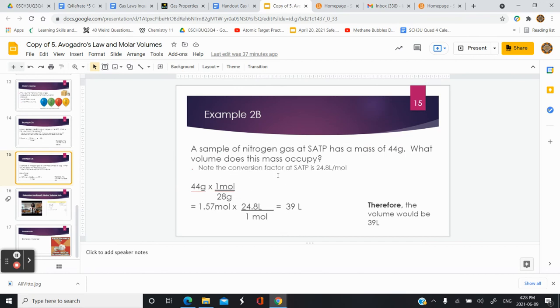For example, if you wanted to find the new volume, you could just take your number of moles and multiply it by the molar volume, 24.8 liters per mole, and that would give you your answer as well. So you don't have to do the whole V1 over N1 is equal to V2 over N2. You could just take your 1.57 moles times 24.8 liters over 1 mole, cross moles out, and you're left with liters.